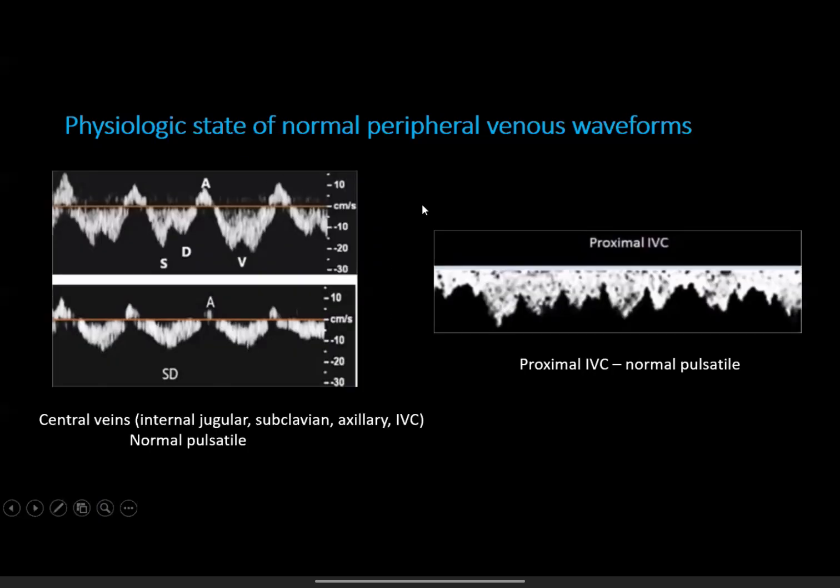Now, for the physiological state of normal peripheral waveform in the form of pulsatility, the central veins like internal jugular, subclavian, axillary, and IVC show normal pulsatile nature in the spectrum, and it is because of the transmission of the pressure changes within the right side of the heart. The proximal abdominal IVC sometimes also shows some pulsatility. So these are all physiological states in which we can see these changes.